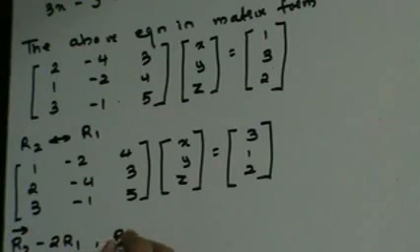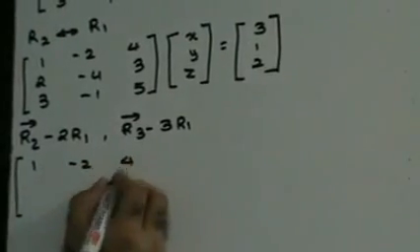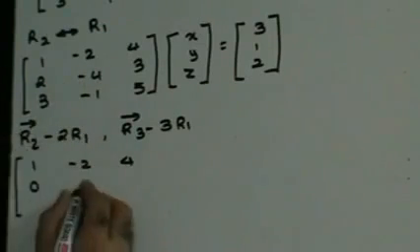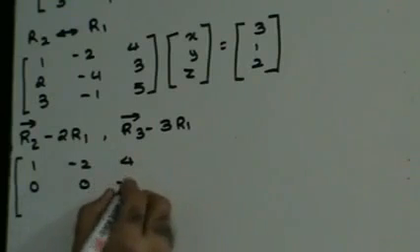Now I need to have the numbers in the second and third positions as 0. Where is the number in R2? What is the number? 2. The complement of that is R2 minus 2 R1. Similarly, R3 minus 3 R1. In which case you will get 1, minus 2, 4. Then 2 minus 2, 0, minus 4 plus 4, 0, 3 minus 8, minus 5.